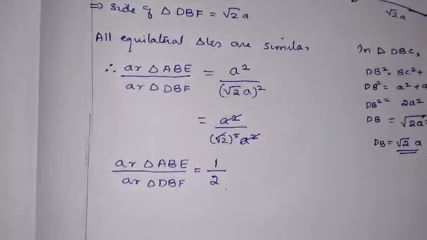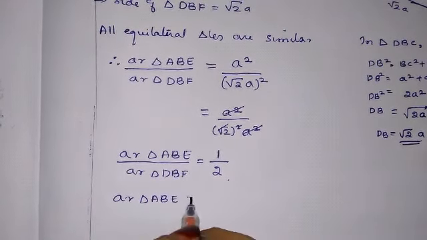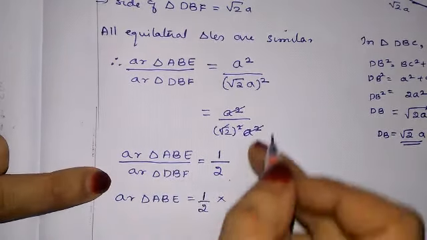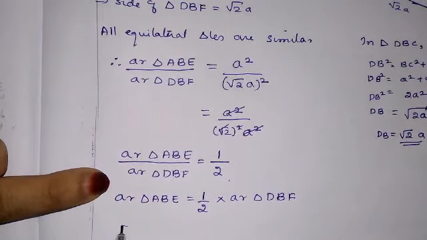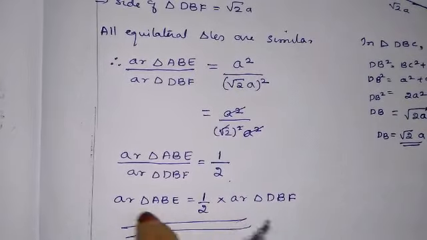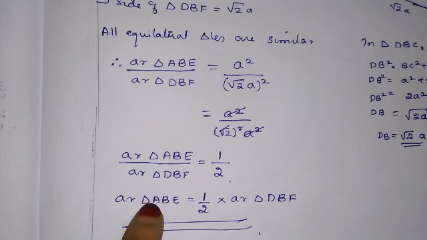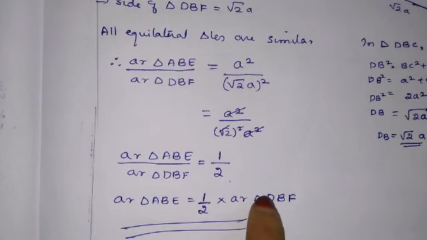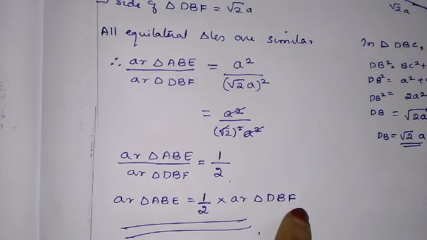So we got the answer. The area of triangle ABE is half of the area of triangle DBF. What they have told, we proved. Yes, they have told to prove that the area of the triangle based on the square is equal to half of the area of the triangle described on its diagonal. We proved this.